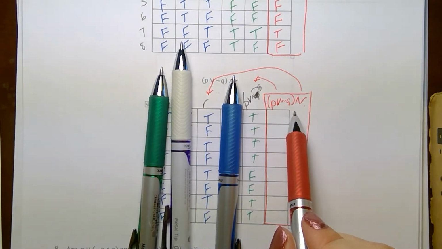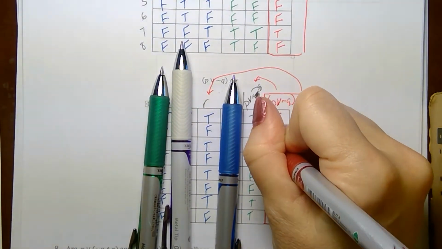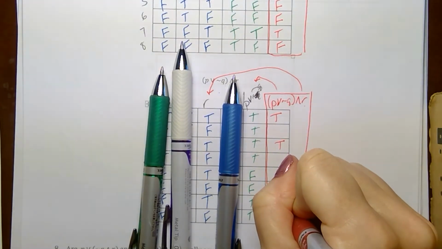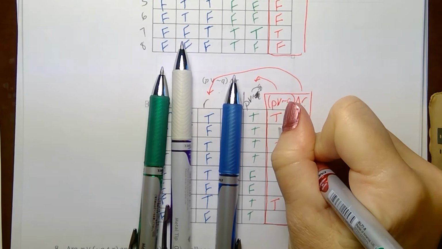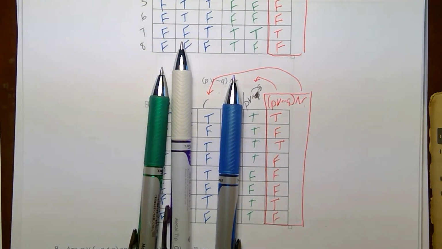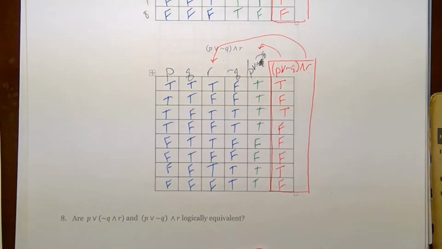To be true, both of them have to be true. So case 1 is true. Case 3 is true. Case 7 is true. But all the other cases are false. Okay. Our last question on this page asks if these 2 truth tables on this page are logically equivalent.